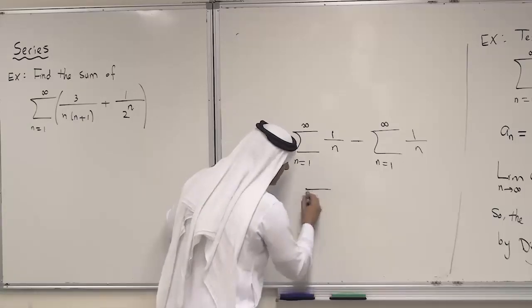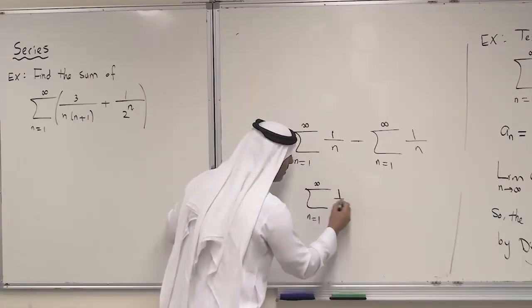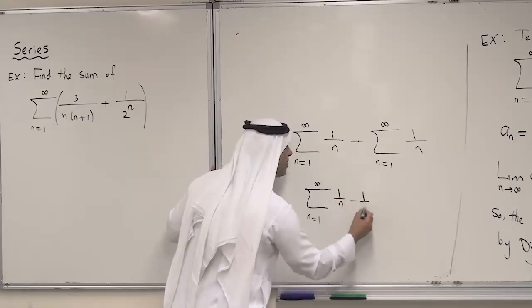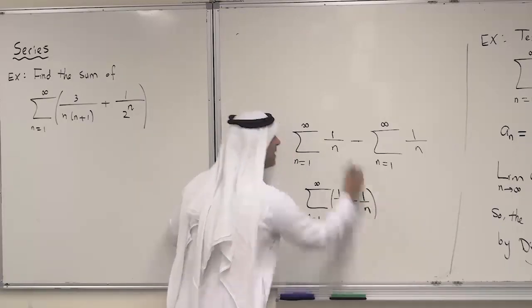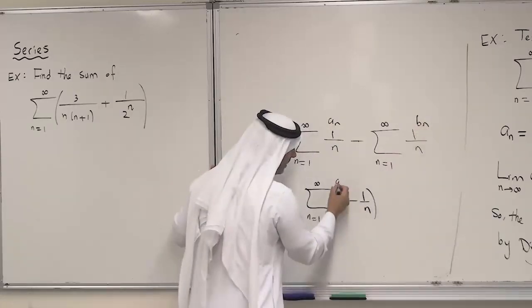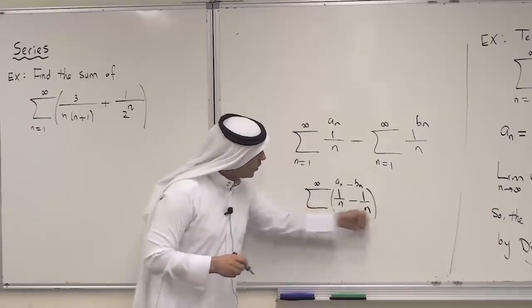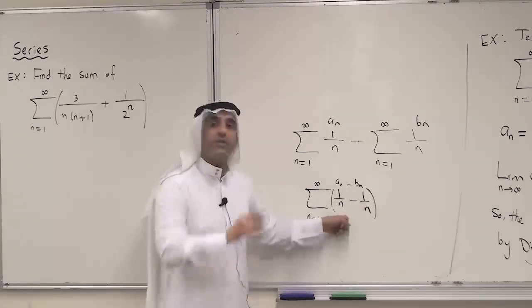What about this series here? The sum from n equal to 1 up to infinity of 1 over n minus 1 over n. This is an, this is bn, and this is an minus bn. This is exactly what we have here. 1 over n minus 1 over n will be 0, and the summation of 0 is convergent.